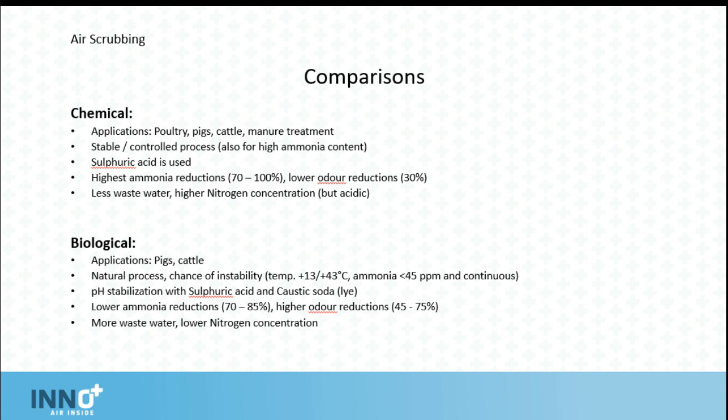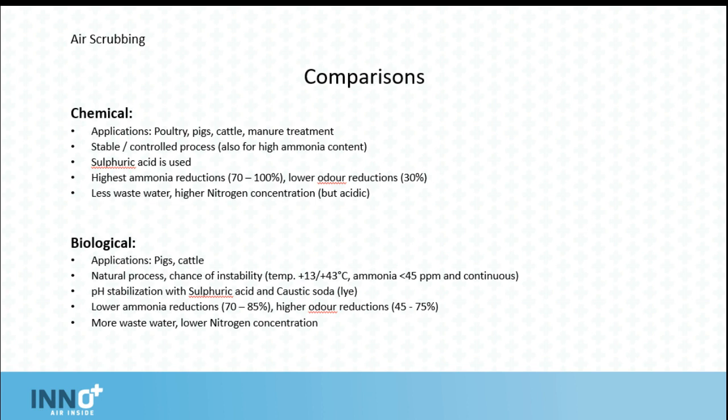For biological processes, the applications are mainly pig and cattle. It's a natural process. There's a chance of instability. As you can see on the first slide, the temperature is important, but also the ammonia should be below 45 ppm and continuous. That means manure treatment often has higher levels, which will kill off the bacteria.